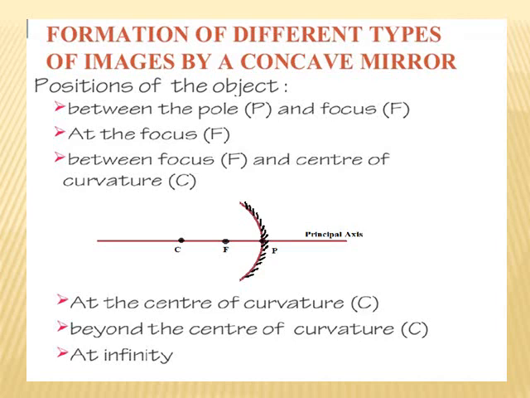When you fix F and C, if you keep the distance between F and P 3 centimeters, the same 3 centimeters should be the distance between C and F. Okay, you got my point?